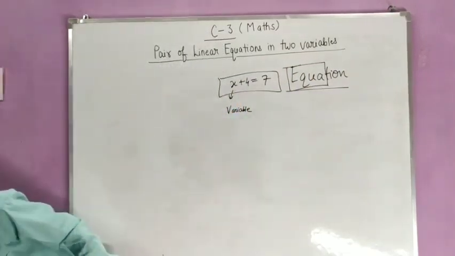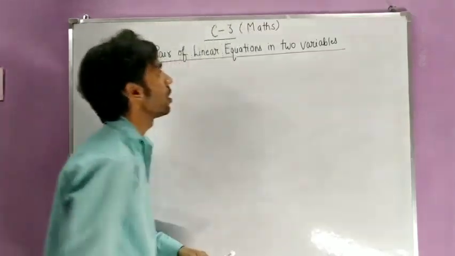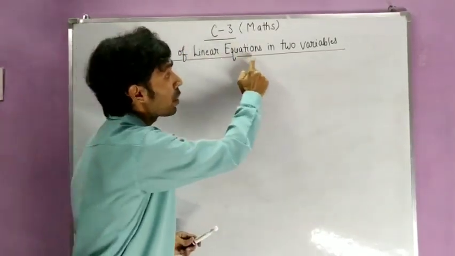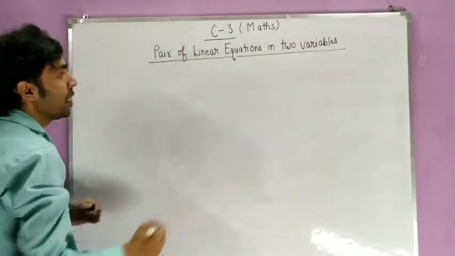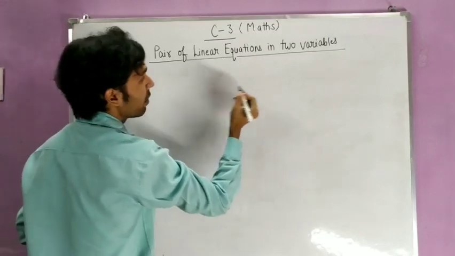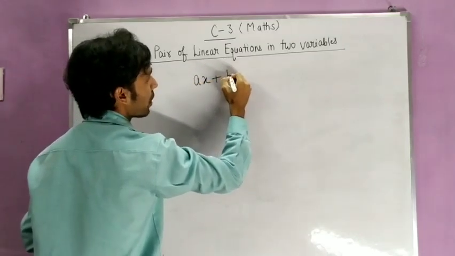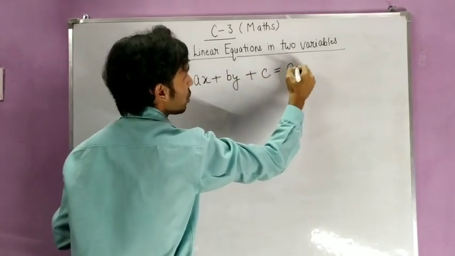Students, in class 9th you have studied linear equation in two variables. Okay, I will remind you, suppose I have written one equation, that is ax plus by plus c equal to 0.